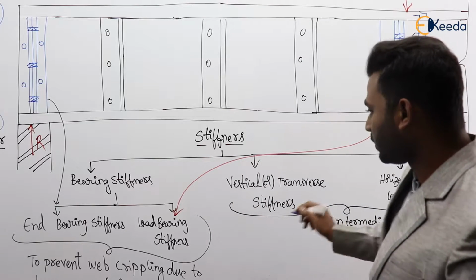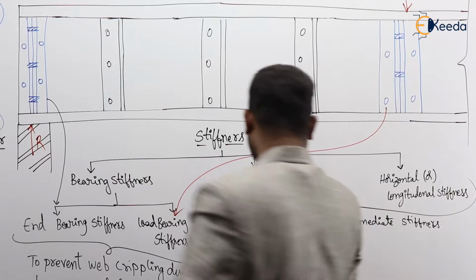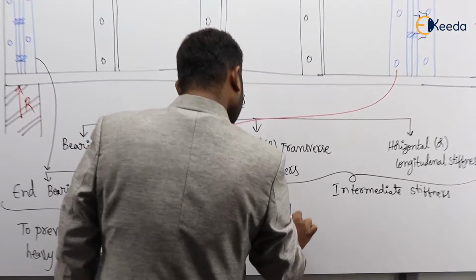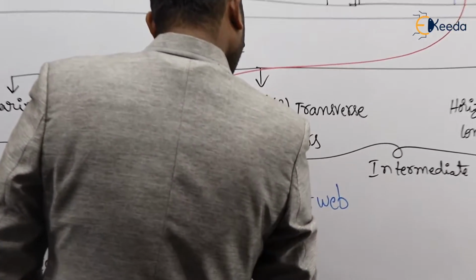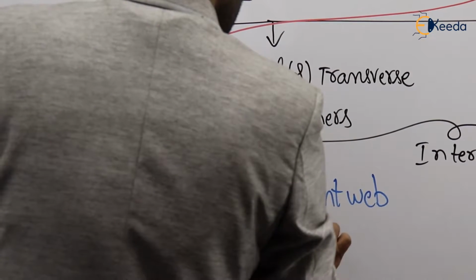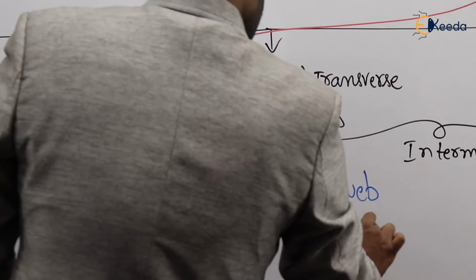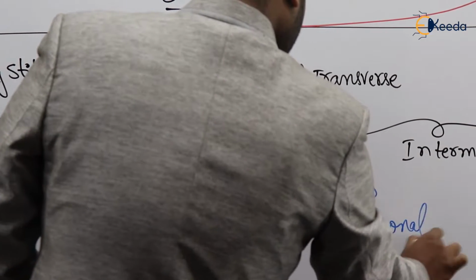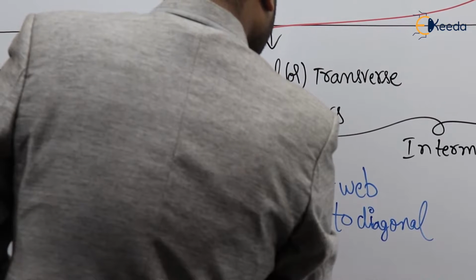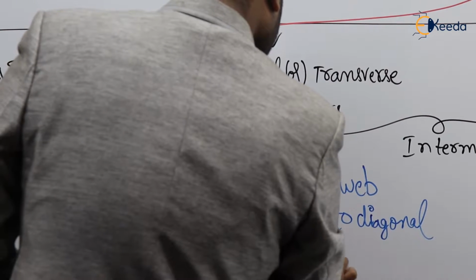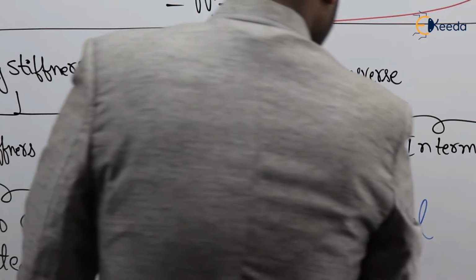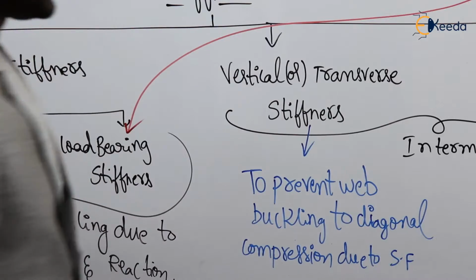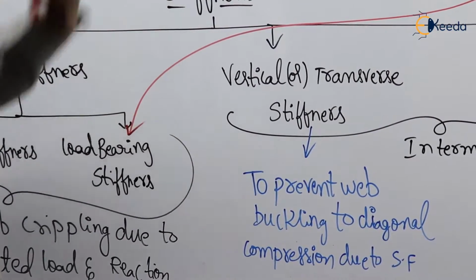So I am writing, it is provided to prevent web buckling due to diagonal compression, due to shear. Okay, so this is the function of the vertical stiffener.